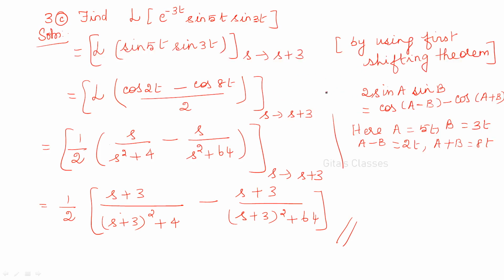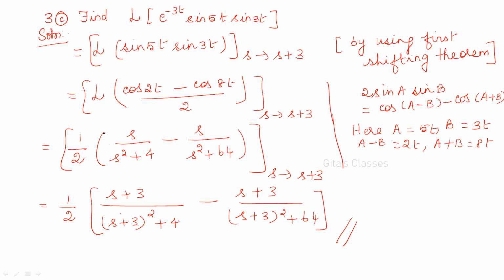And we know that 2 sin a sin b is cos of (a minus b) minus cos of (a plus b). Therefore, here a is equal to 5t, b is equal to 3t. So, cos of (a minus b) is cos 2t, minus cos of (a plus b) is cos 8t, divided by 2 because 2 sin a sin b is this formula.